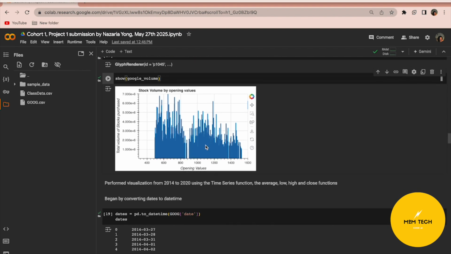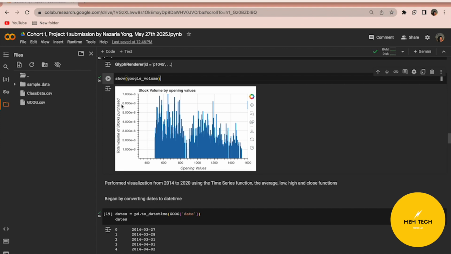Just looking at this bar chart, you see the Y values have the volume of stock purchased, and the X values have the opening values. You can see the opening values run from about 500 to 1,500.